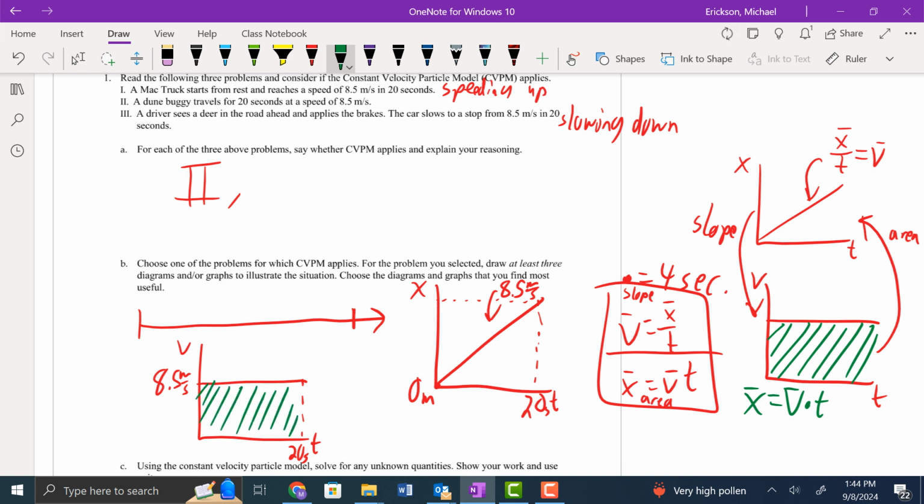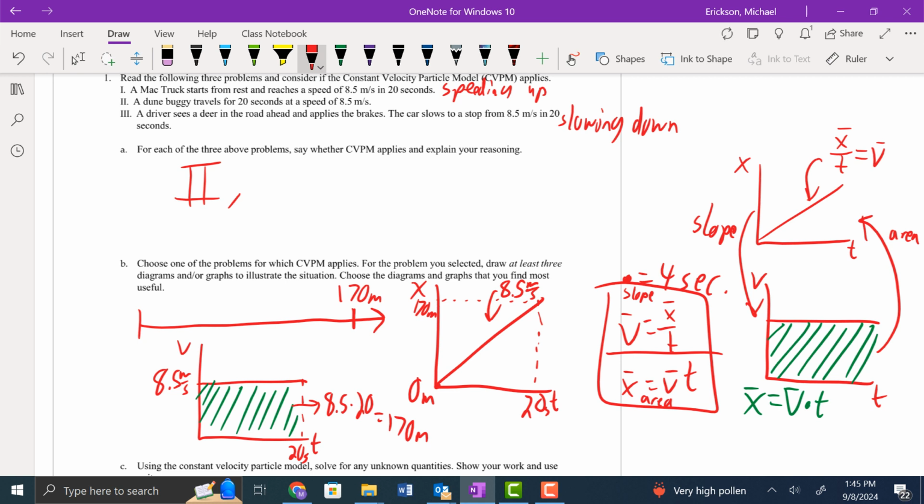The area will be 8.5 times 20. And 8.5 times 10 is 85, so 8.5 times 20 is probably 170 meters. So I get 170 meters there. That means this guy travels for a total of 170 meters.